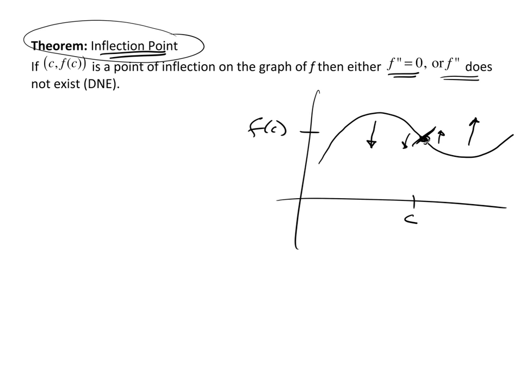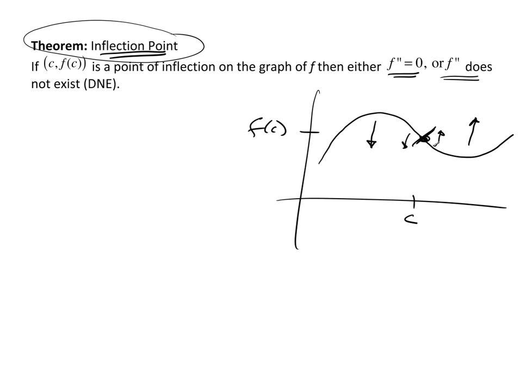Whereas for the first derivative, those were all candidates for local mins and maxes. There was something changing there. What was changing in the first derivative test is the slope of the tangent line going from positive to negative or negative to positive. That indicated a local min or max. Here with the second derivative, what we're looking at is there's a change, and the change is from concave down to up or up to down.